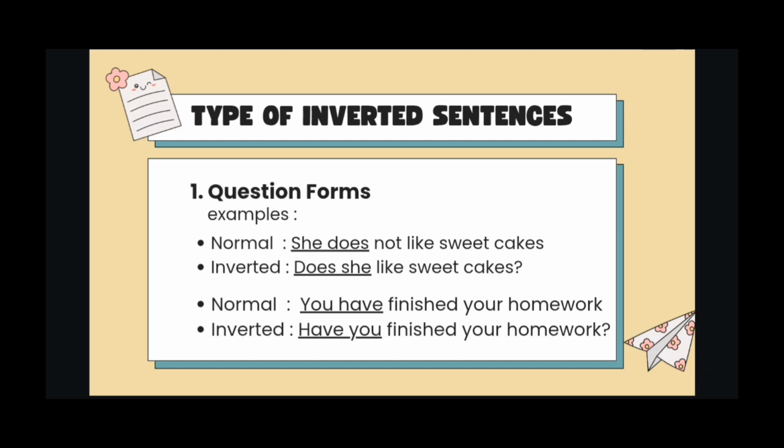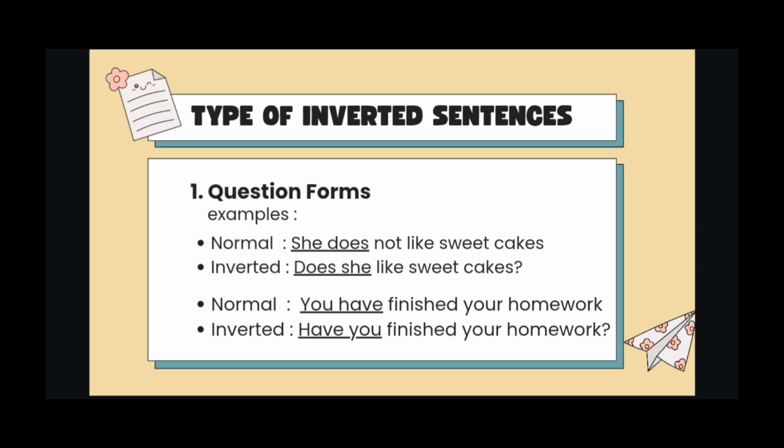The first one is question forms. Actually, in our daily life, we already use inversion in questions. For example, the normal sentence: she does not like sweet cakes. The inverted sentence becomes: does she like sweet cakes?